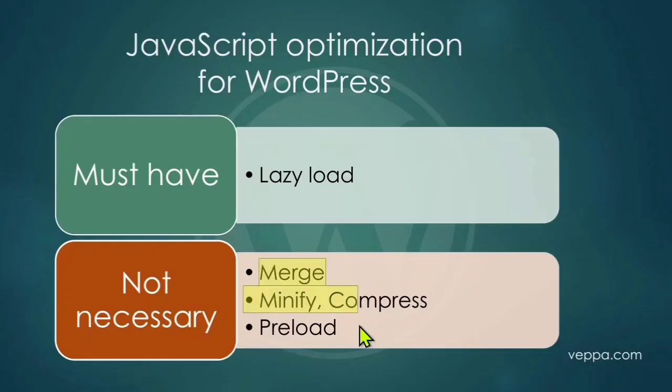And then there are optimizations that are not very effective. Merging, again, uses your processor power. It creates lots of different versions of JavaScript, so you end up with more JavaScript files than you had originally. And minification is not worth it.